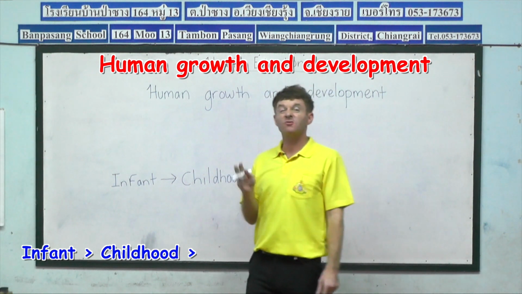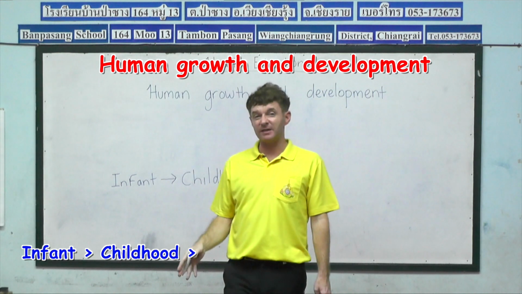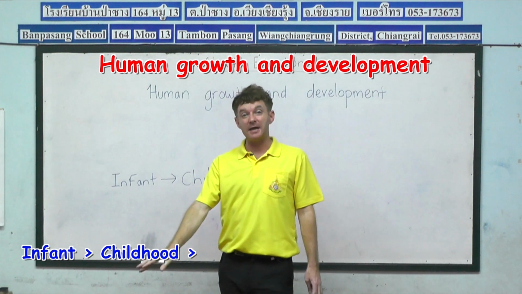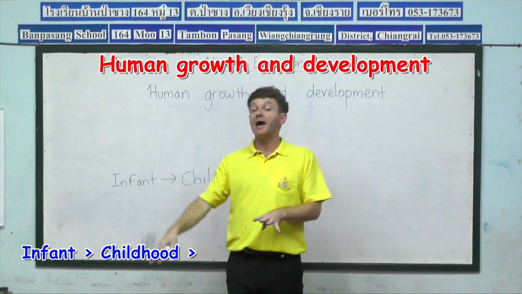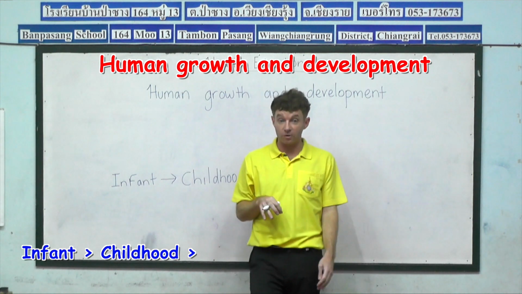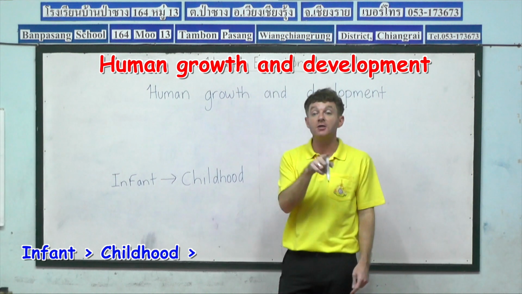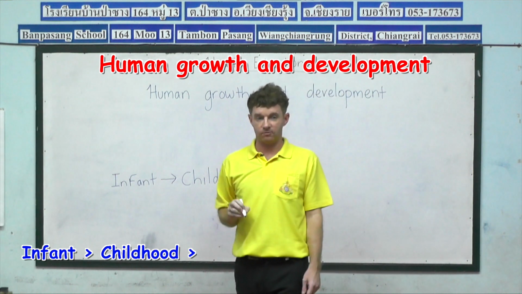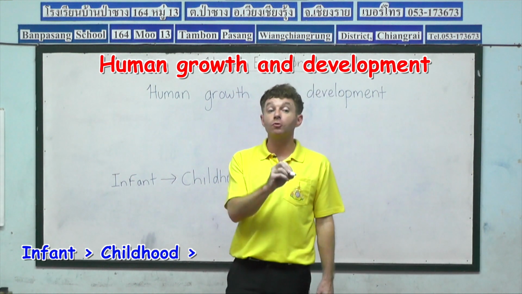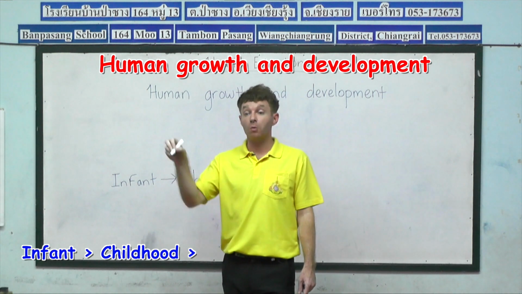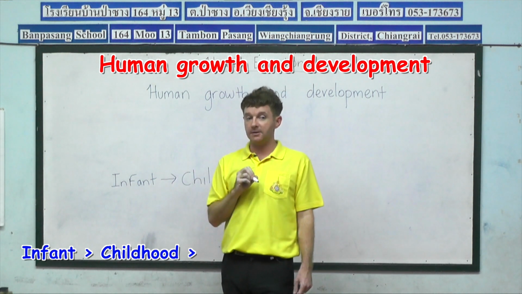Now remember, childhood has many different stages. There's baby age, play age, and then there's the age at which you are now. Because you are in the period of childhood where you are school age. You are school children.